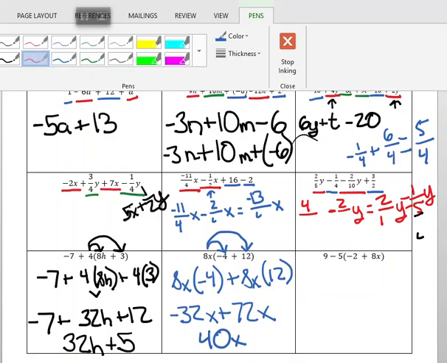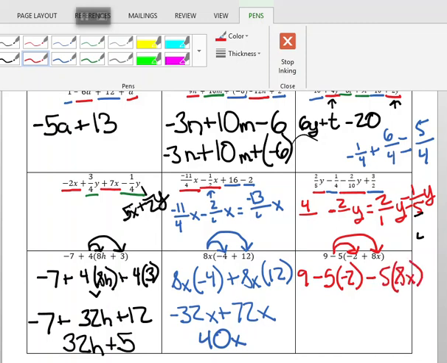All right, guys, last one. I'm going to distribute my negative 5 to negative 2 and positive 8x. So I'm going to have 9 minus 5 times negative 2 minus 5 times 8x.